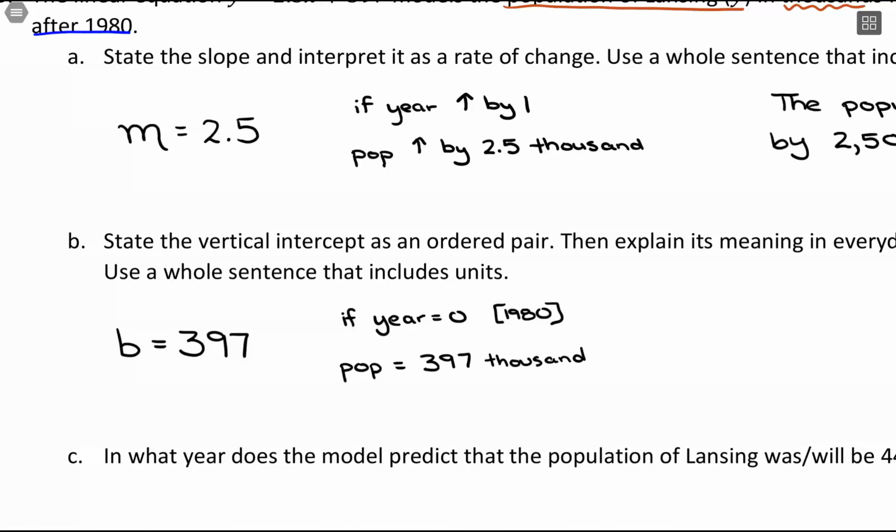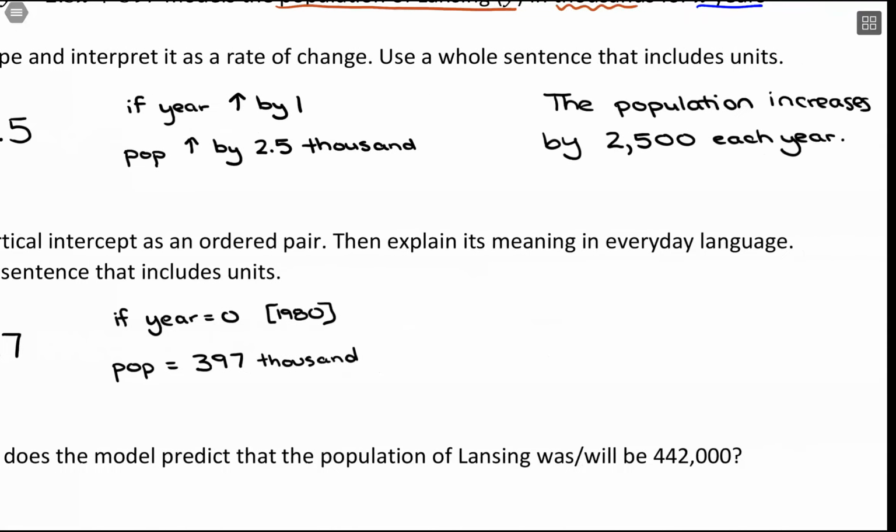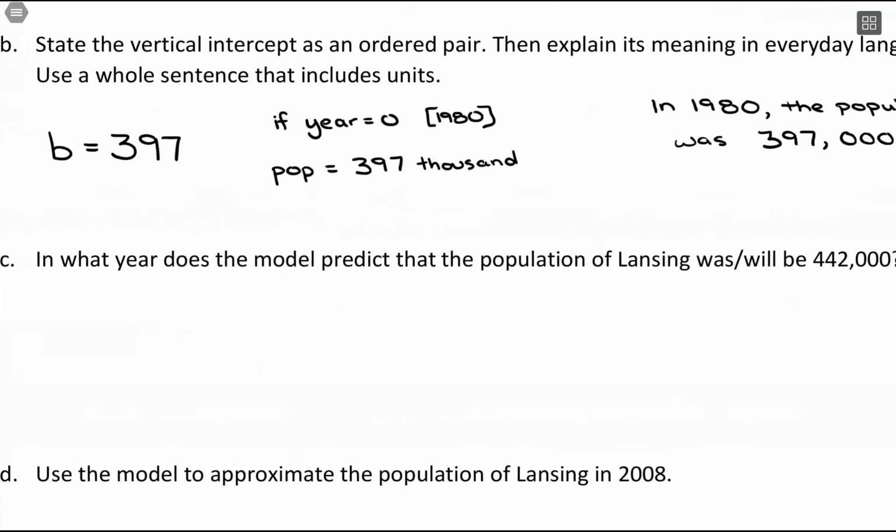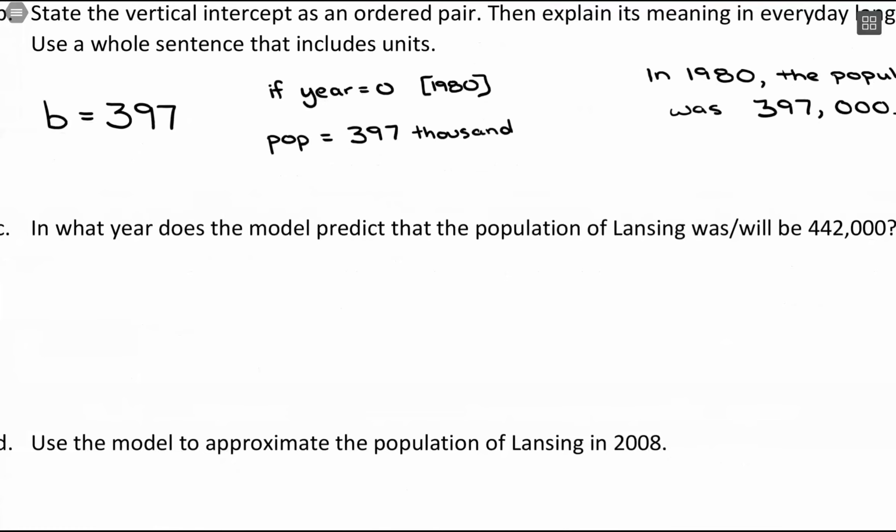So this is just giving me a relationship between year and population. So in 1980, the population was 397,000. That's that one.